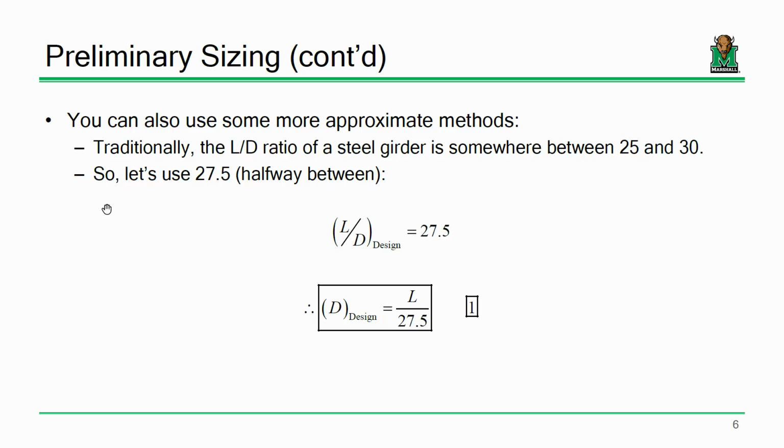I've got a series of equations in this presentation, so this would be equation 1. To start out, if I have a bridge that's 100 foot long, I can tell you pretty much how deep that girder needs to be by taking that length and dividing it by 27.5. You're going to see these equations are pretty simple moving forward. Everybody okay with this?